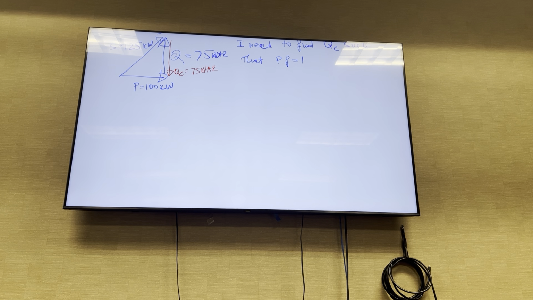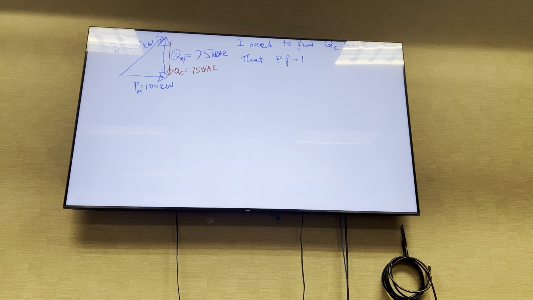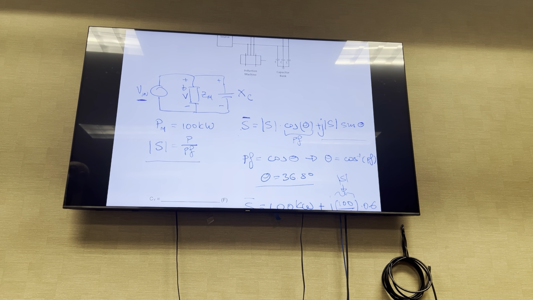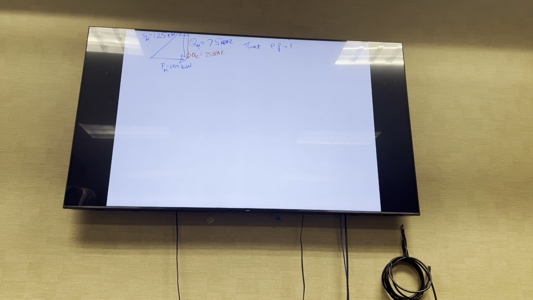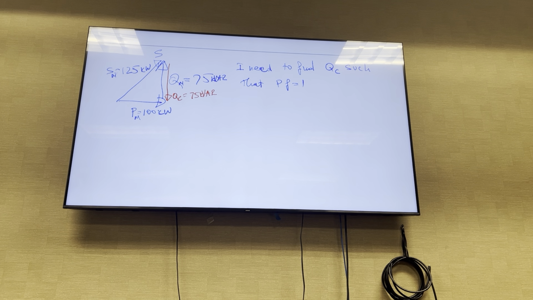It is, so this is S of the machine. Now what I want to do with the capacitor is bring the power factor of the combined system to unity. So I want this cap basically to cancel out the reactive component of that machine.